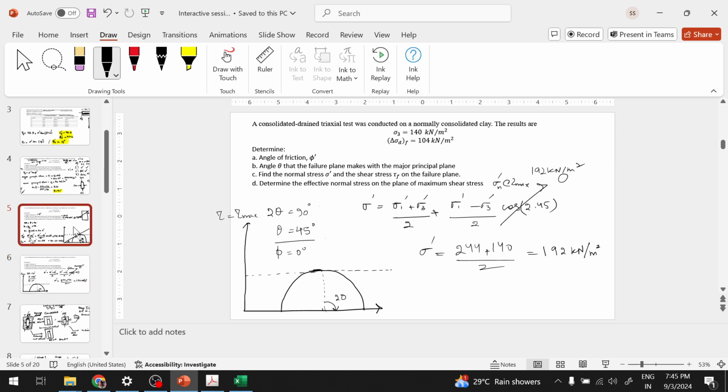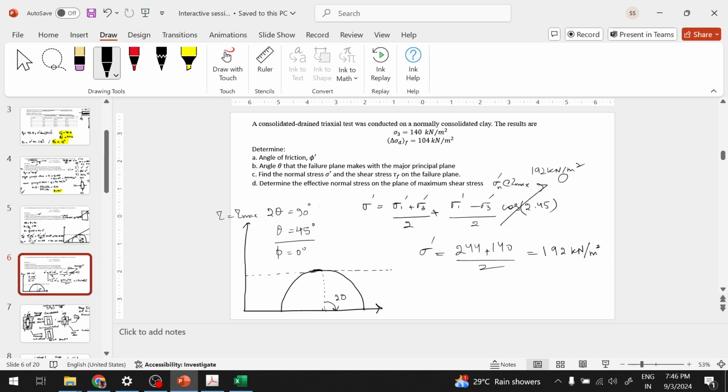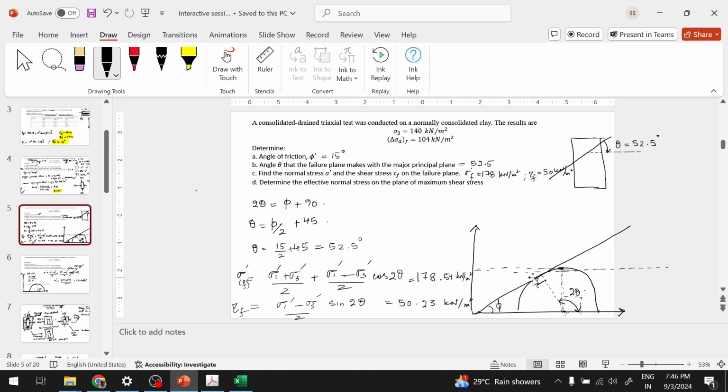And if we compare it with previous results, here at failure, these were the values of sigma and tau. You see, this sigma is less than this. This here was 192, while our specimen fails only at 178.